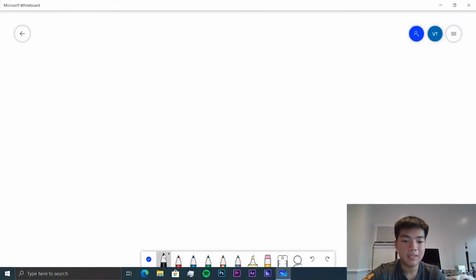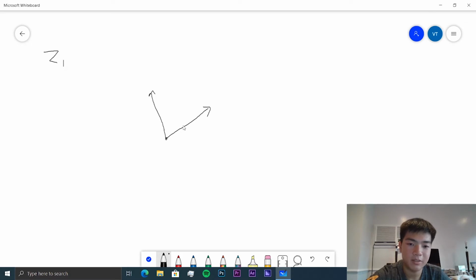So let's start with addition. If you're trying to add two complex numbers in polar form, you almost always have to convert back to the Cartesian form in order to add them, because polar form expresses numbers geometrically.